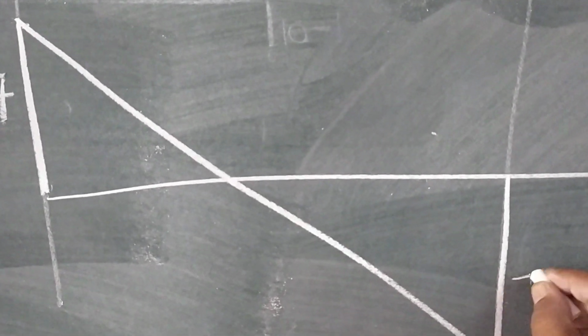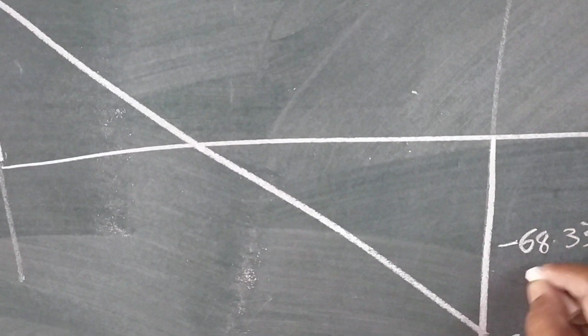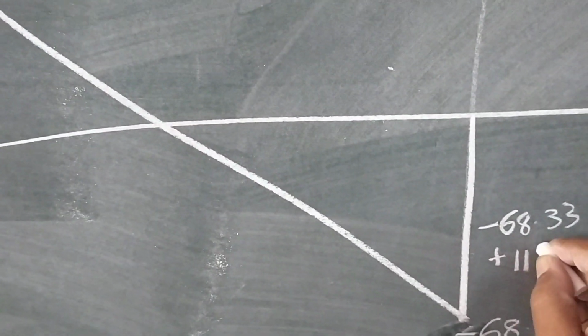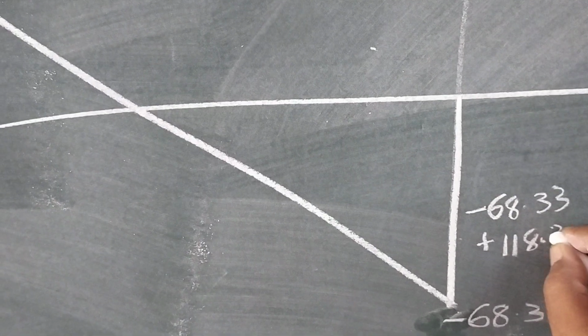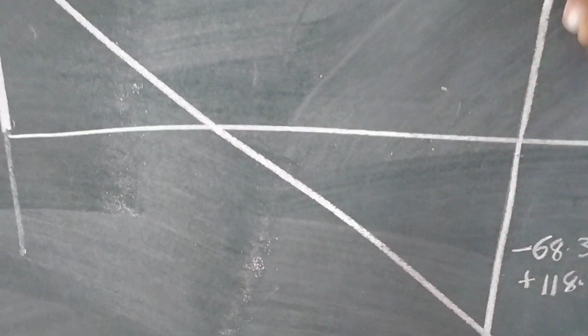So here minus 68.33 plus 118.33 is nothing but plus 50.